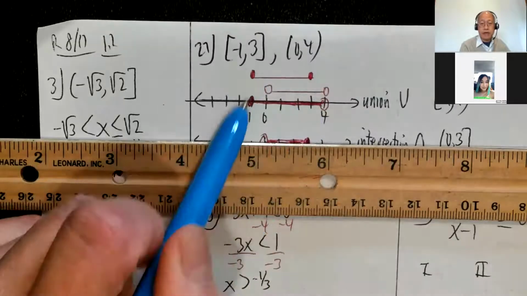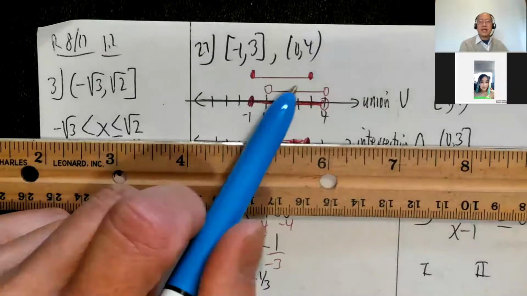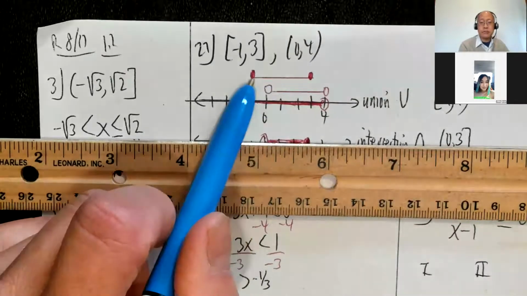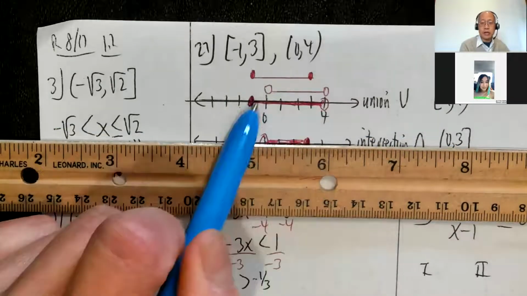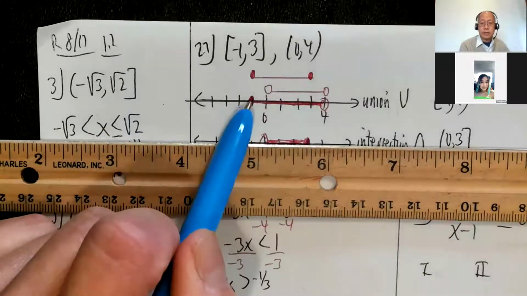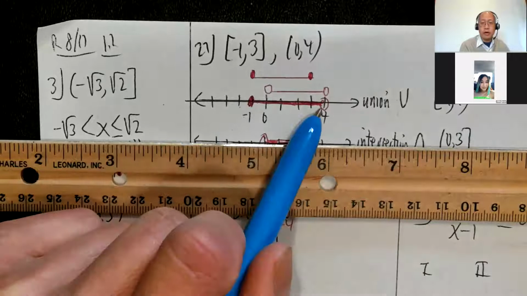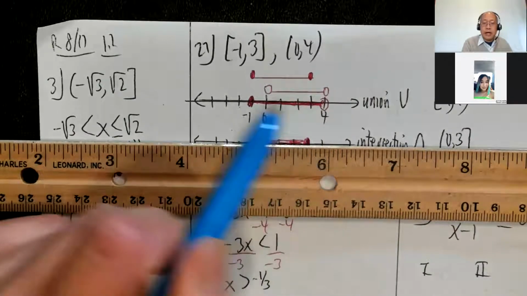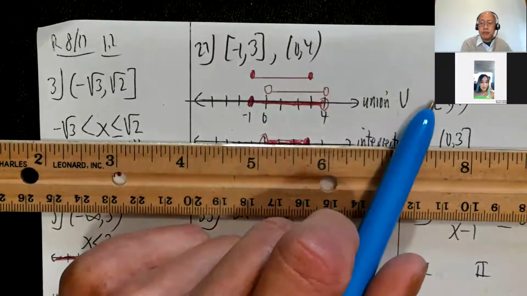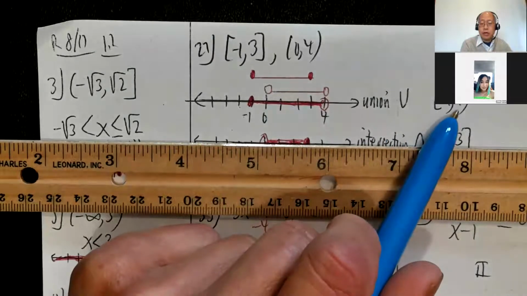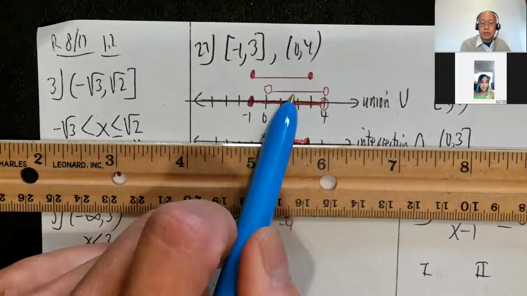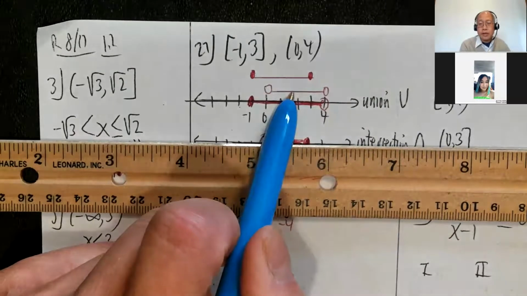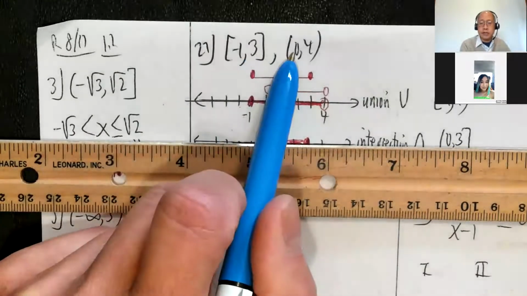So -1 to 4. It's anything that got shaded at least once, so to speak. So -1 to 4, not counting the 4, but I count -1. So that's the union, bracket -1, 4. So it's a set of points that are either in here or here. Think of union as an or. It's either in this or this.